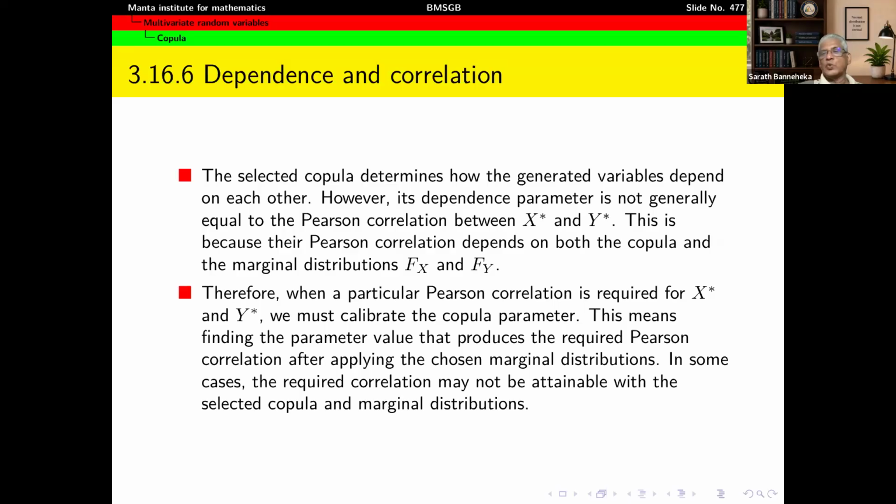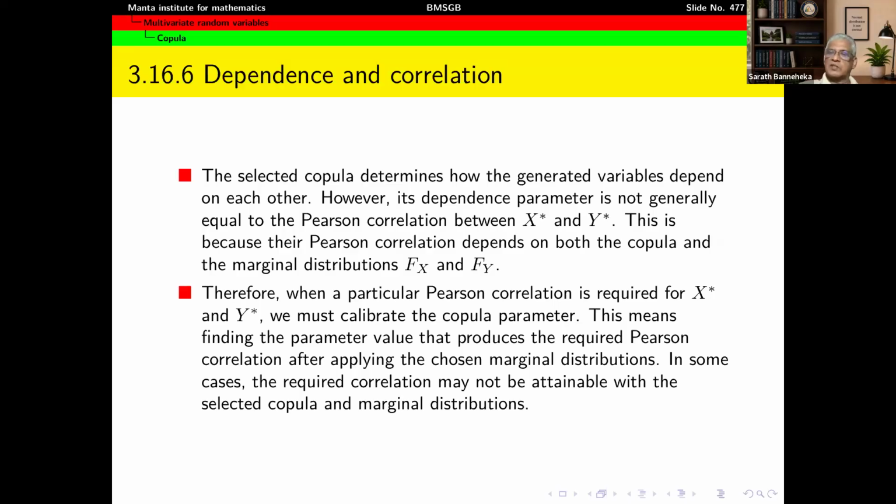So even though the Gaussian copula contains the Pearson correlation coefficient between Z1 and Z2, in other copulas, they may be completely different parameters rather than Pearson correlation coefficient. So in that case, we have to find a connection between that parameter and whatever dependence parameter that we are considering for X and Y, and then accordingly calibrate that parameter in that copula. Right. So that's a little bit complicated part.